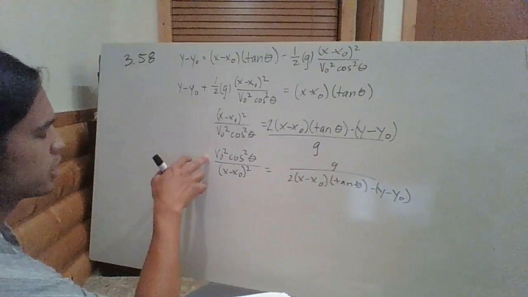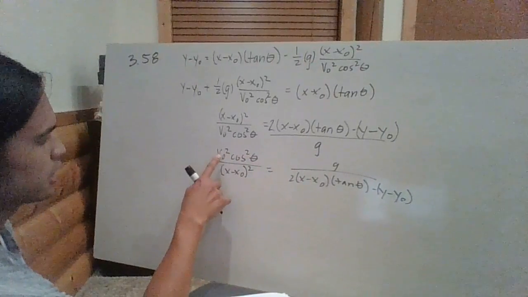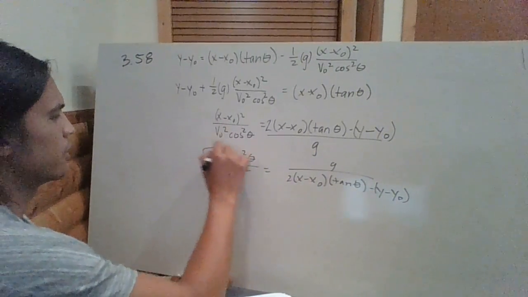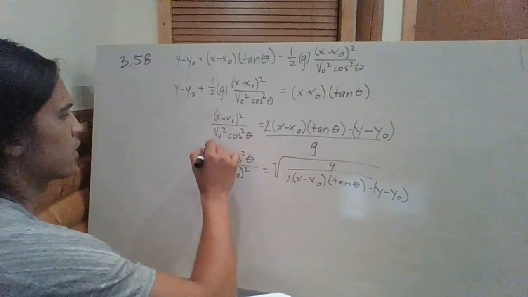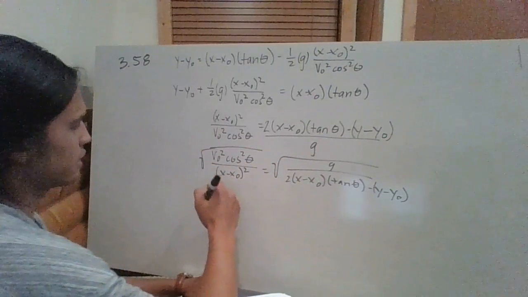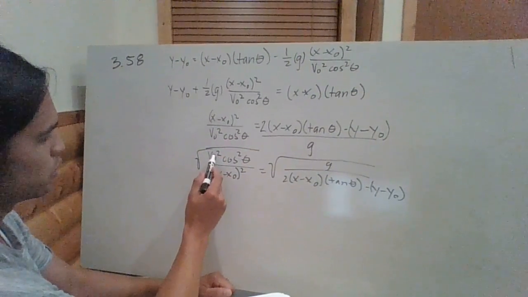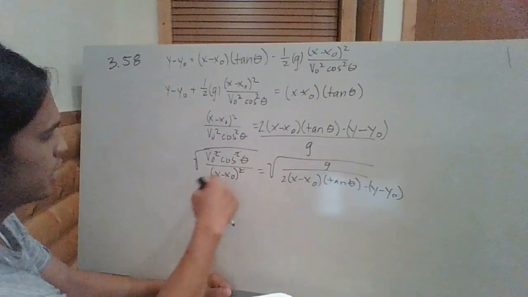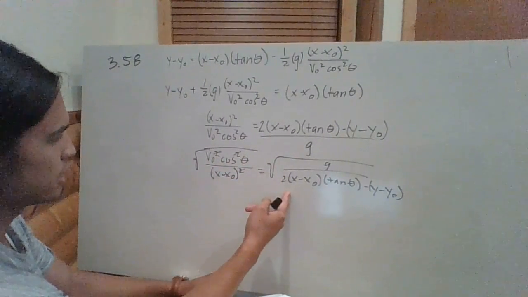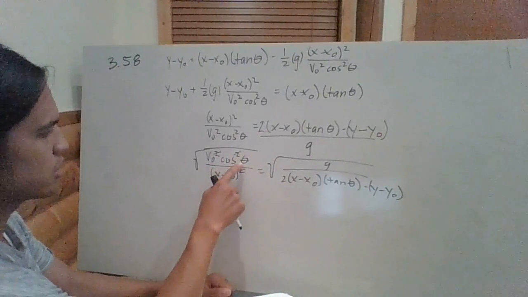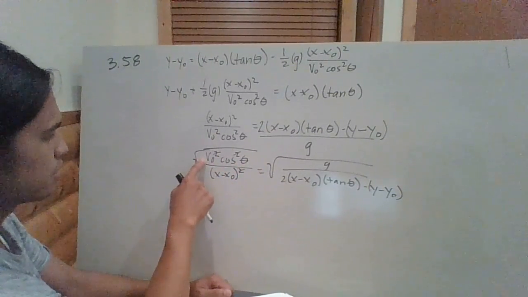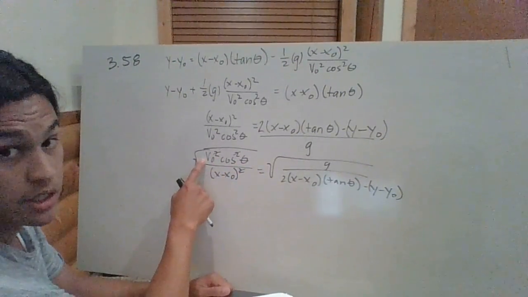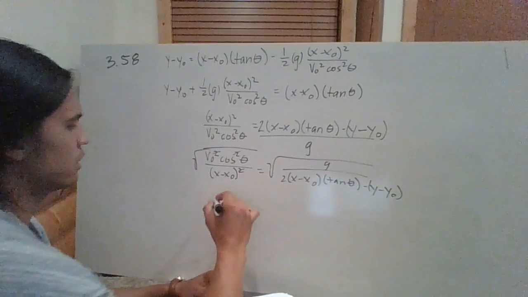And now we're going to square root both sides so that we can get rid of the square here. I can just multiply this across and then divide by the cosine theta to leave initial velocity by itself. So I'm just going to do that in one step.